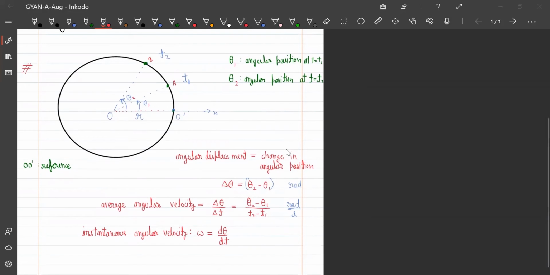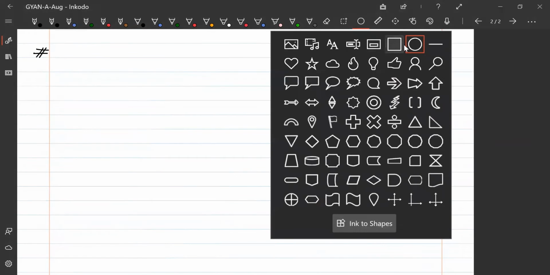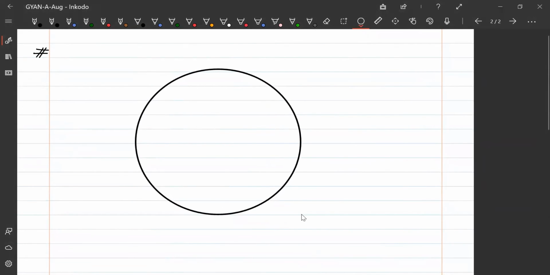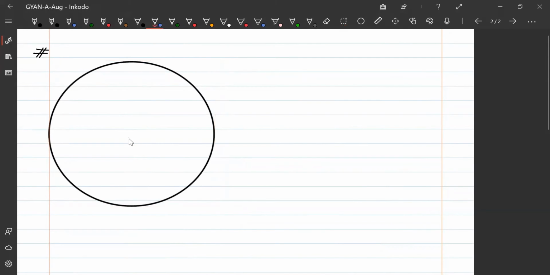Now see, suppose the object is rotating at different angular positions with different omega. Let us say at some time t1, the angular velocity was omega 1.